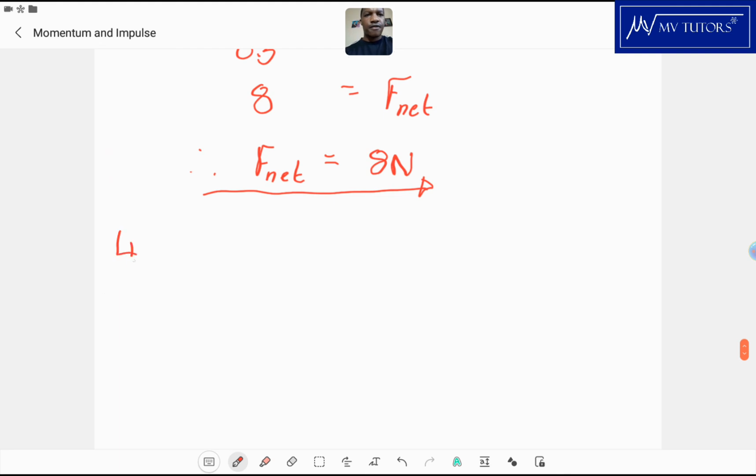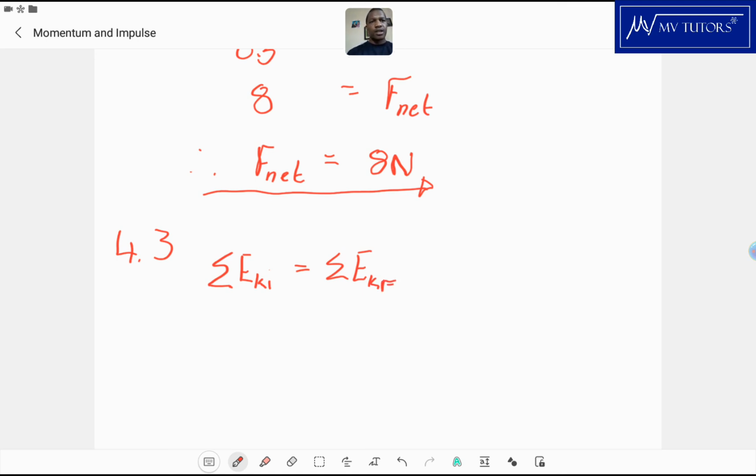So 4.3. Now, if you remember something about elastic collisions, we say something is elastic if the initial kinetic energy is equal to the sum of the final kinetic energy.